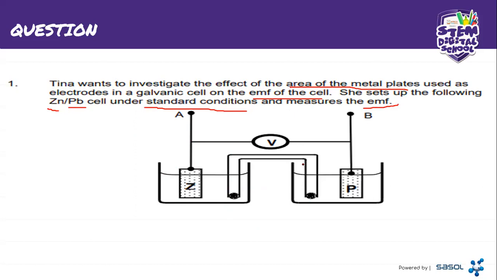So clearly we can see it's a galvanic cell. There are quite a lot of things that show us it's a galvanic cell. We have 2 half cells that are separate. We have a salt bridge that connects the 2 half cells to complete the circuit and so on. So definitely it is a galvanic cell, and we've been told again that it is a galvanic cell.